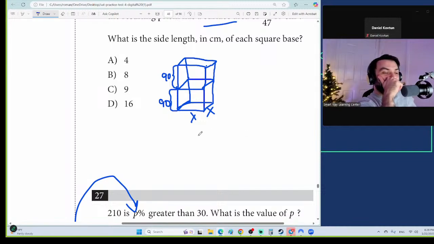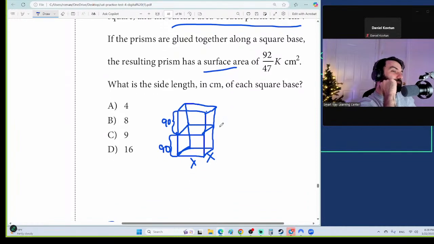So what components do we have in terms of the surface area of this whole figure if our side length is X? We're going to have 180 times X, that's the resulting one face.